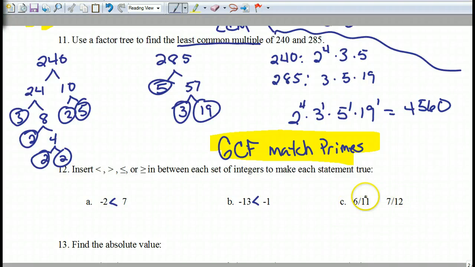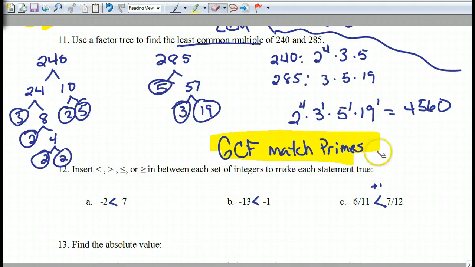Okay, on this one right here, we have 6 11ths and 7 12ths. One little trick on this. If you notice that the numerator is just adding 1, so it goes from 6 to 7, you're adding 1 on the numerator. Look at the denominator. I'm doing the same thing here, adding 1 to it. So it's automatically going to be less than, the smaller one is going to be less than over here because it's a smaller number.